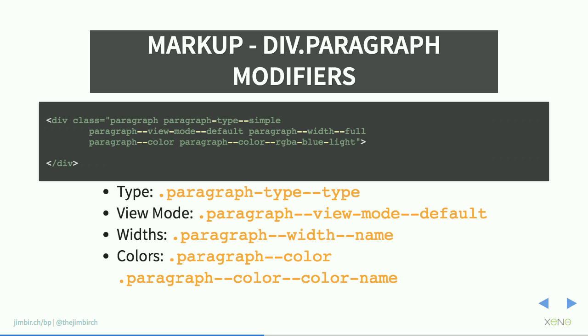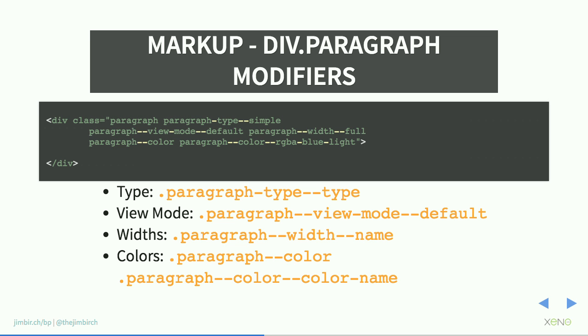So the block of this all is the paragraph, dot paragraph. The modifiers that we have on the paragraph div are the type. So we have the paragraph type, so paragraph type accordion, paragraph type simple, carousel, whatever. The view mode, that comes with the default paragraph template. I left that in there. So if you do have different view modes for your paragraph bundles, you can style them accordingly.